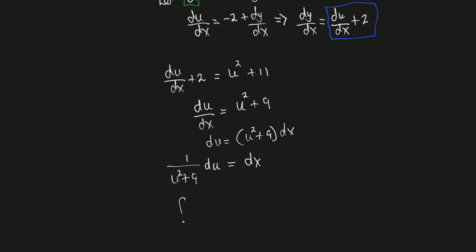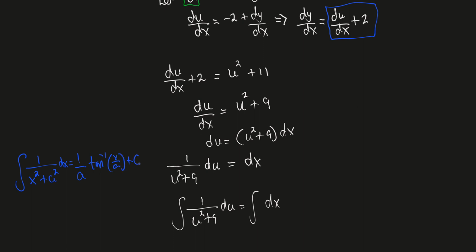Well, how do we integrate 1 over u squared plus 9 du? It might be a while since you've used it, but this is a result that involves arctangent. Let me remind you of the general result. If you integrate 1 over x squared plus a squared dx, that becomes 1 over a times the arctangent of x over a plus c.